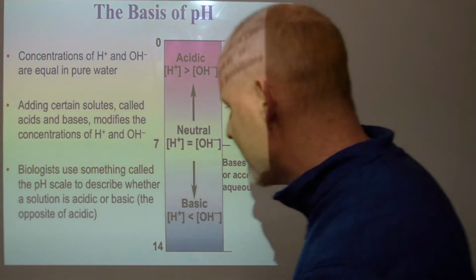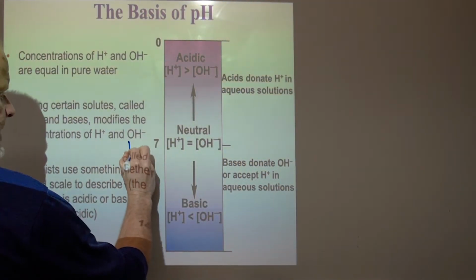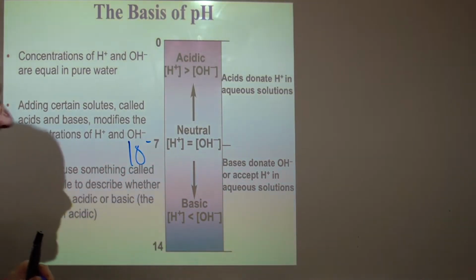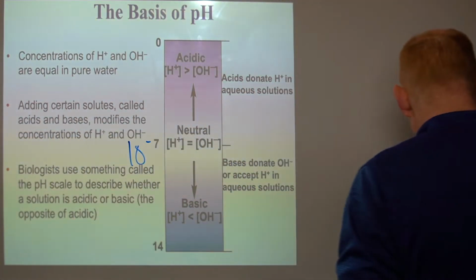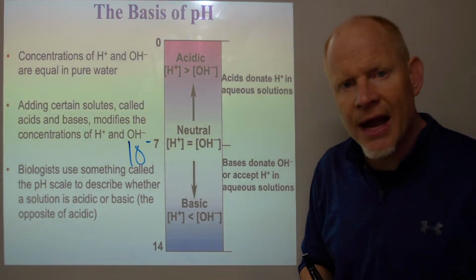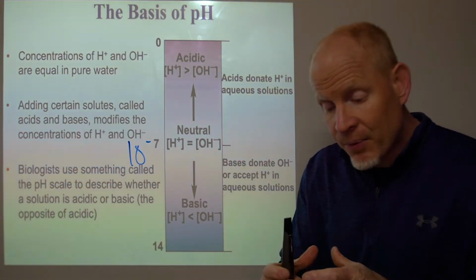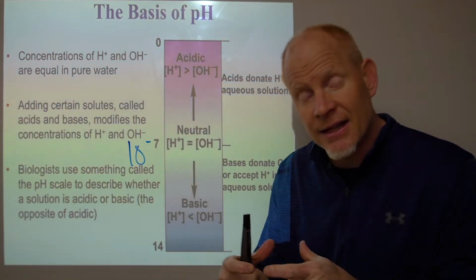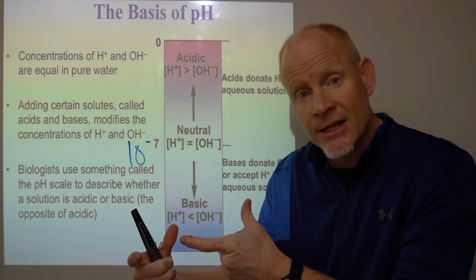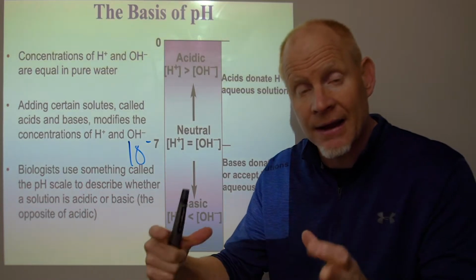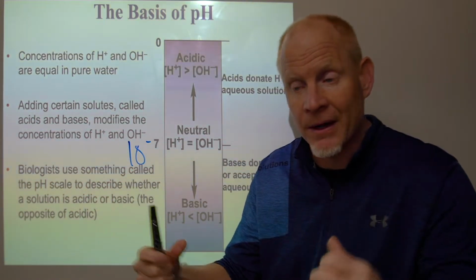And if you remember, I just told you 10 to the negative 7th is the number of protons that you have in pure water that have actually dissociated, right? And if the number of protons have dissociated like that, then the number of hydroxide should be the same, right? In pure water, they have to equal each other since you broke a water molecule down.